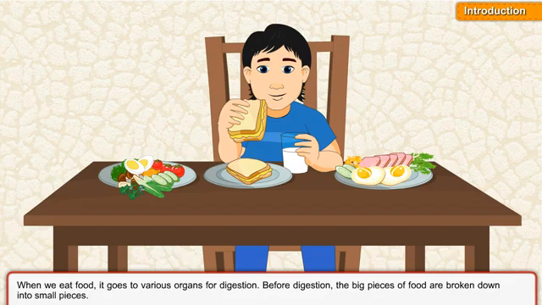Mouth. The mouth is the first part of our alimentary canal, which is also called oral cavity. Liver. It is the largest organ of the body which secretes a digestive juice called bile that helps in digestion of fats.